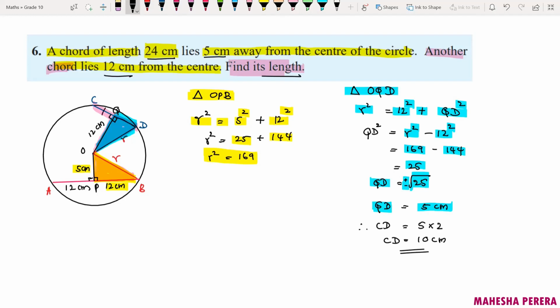Now we know these two lengths are equal, right? So that means CD is twice QD, right? So when we multiply 5 by 2, we get the length of CD. So it should be 5 times 2, 10 centimeters. The length of CD is 10 centimeters.